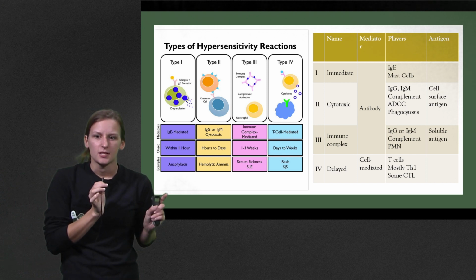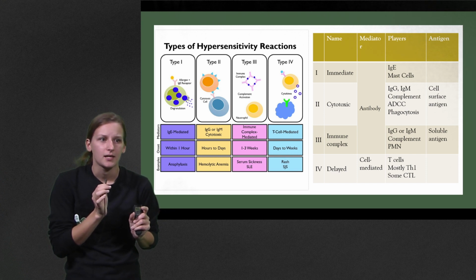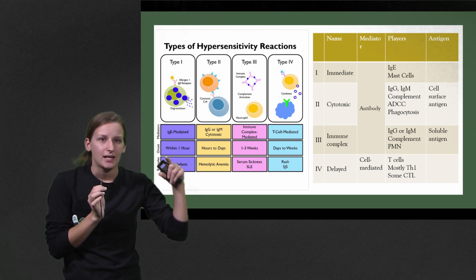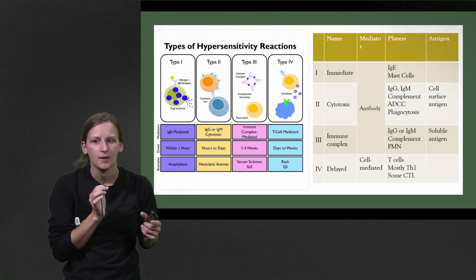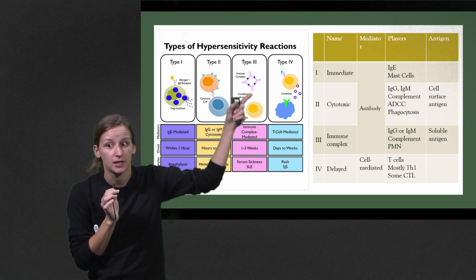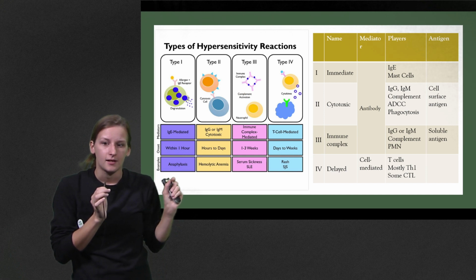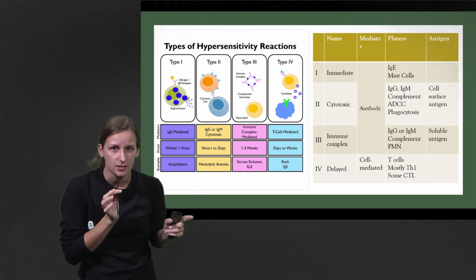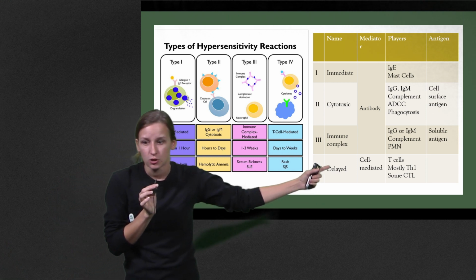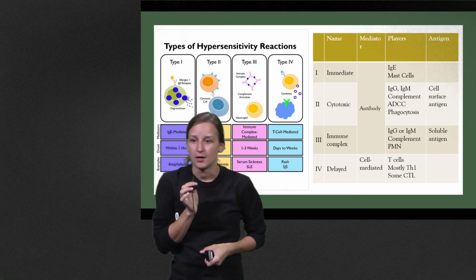However, type 2 is more cytotoxic, where you have an antibody that is attacking a cell surface, whereas type 3 is more like you are taking that antibody and creating an immune complex, like up here. And then type 4 is delayed, where it's mostly going to be T cells, so it's not necessarily just antibodies, but you actually have direct cell-mediated reactions going on.